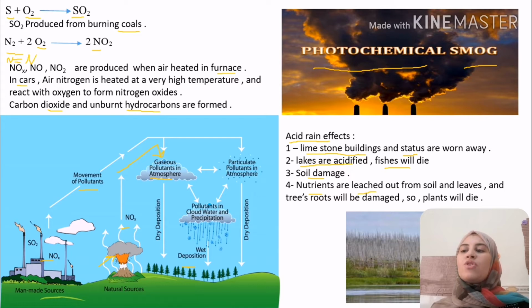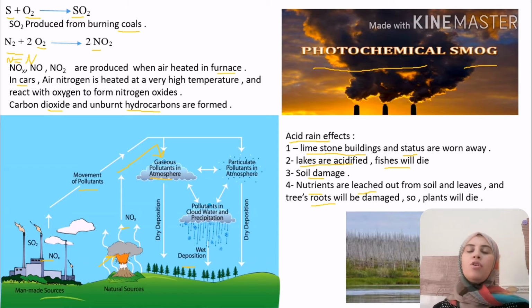So the trees' roots will be damaged, and the plants will be unable to absorb water from the soil and they will die directly. So we are damaging crops, plants and soil, and killing fish and marine organisms by the effect of acid rain.